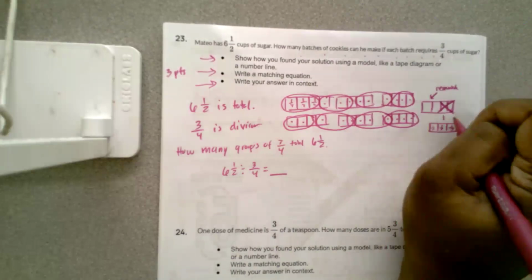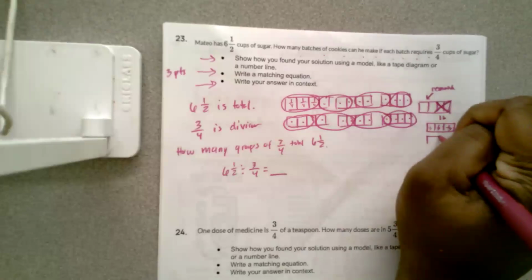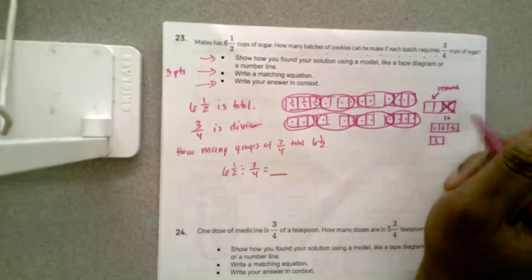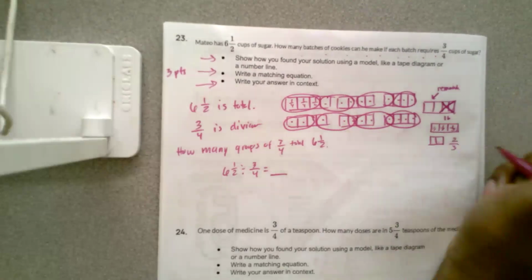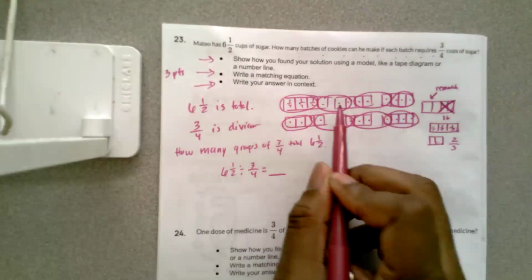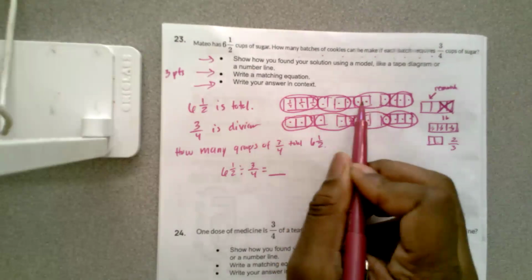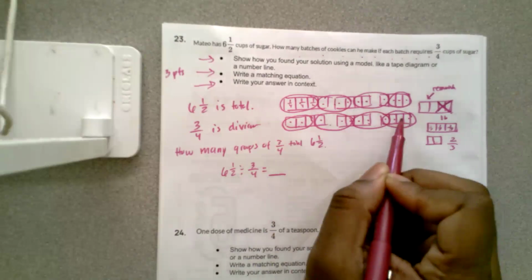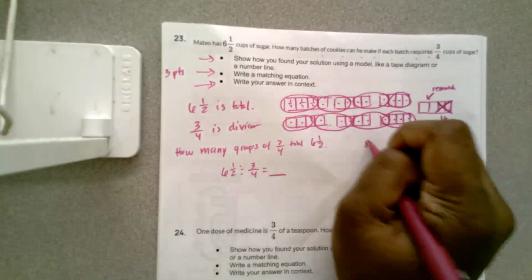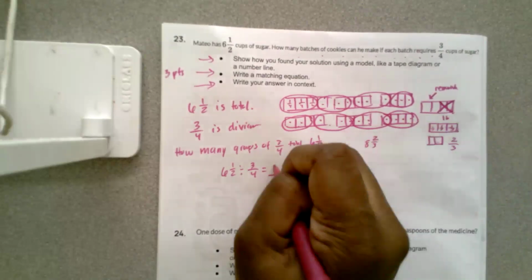So 3/4 represents 1 batch, but the remainder is 2 out of the 3 parts. So this is 2/3. So you want to double check your work: 1, 2, 3, 4, 5, 6, 7, 8, and 2/3.